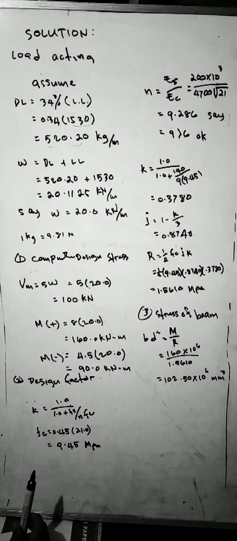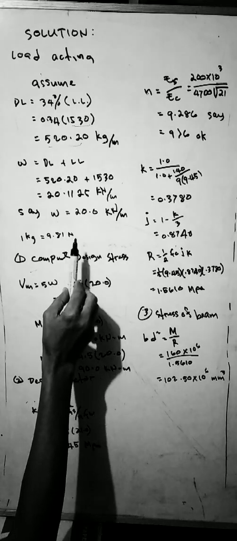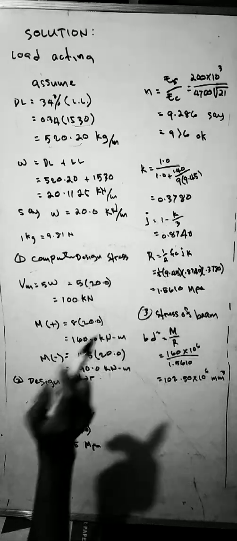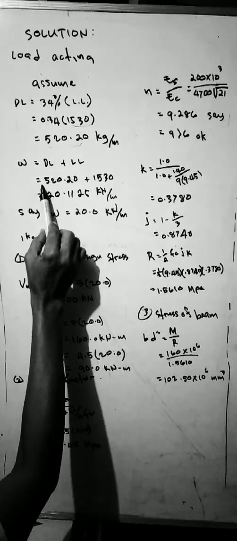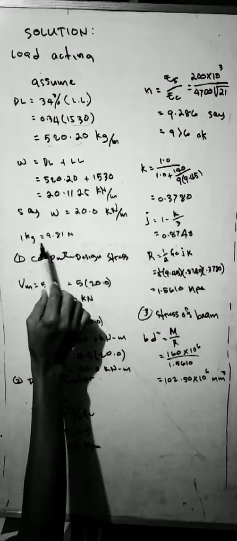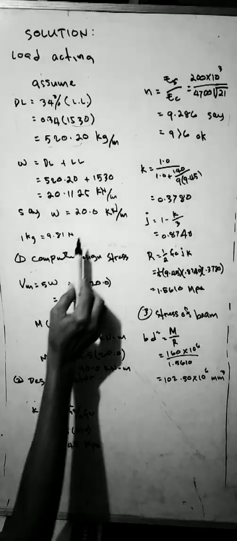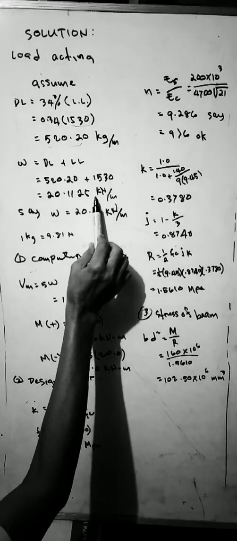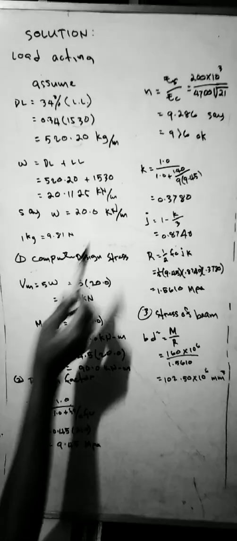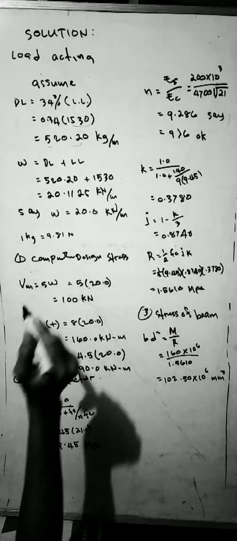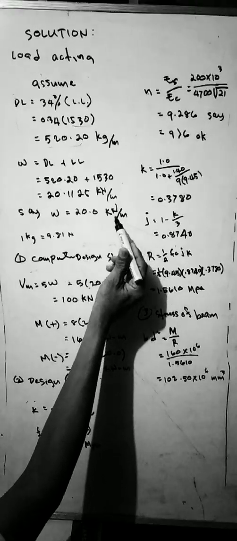How do we convert? 1 kilogram is 9.81 Newton. So we have to multiply the result of this by 9.81 Newton. Then, since we need kilonewton, we divide by 1,000 to obtain the kilonewton per meter.